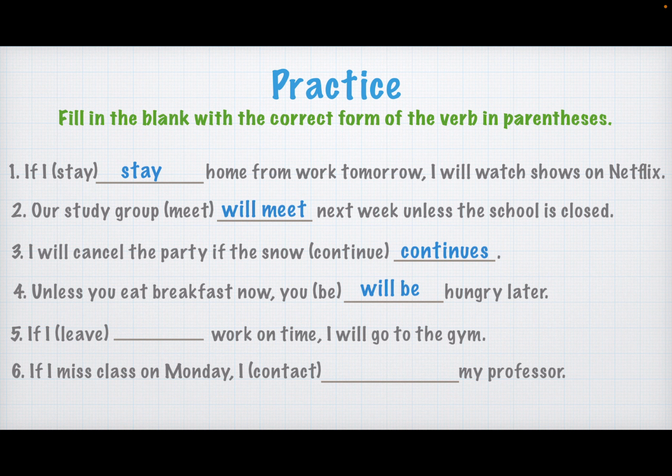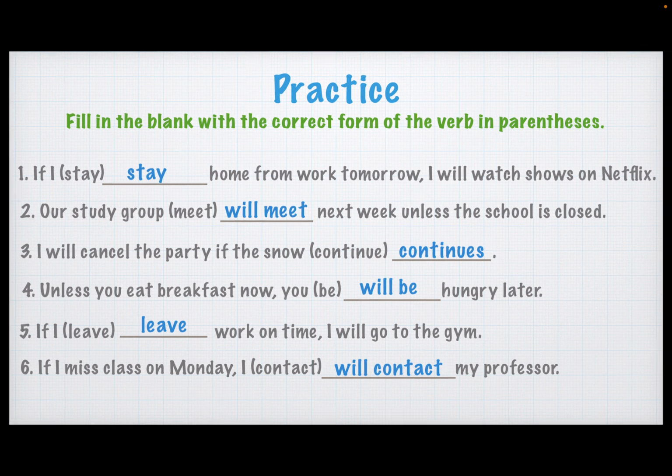But this is the result clause, so it needs to use some form of future. Number 5, if I leave work on time, I'll go to the gym. So I need the simple present tense here in my conditional clause. And number 6, if I miss class on Monday, I will contact my professor. So I need future tense here in the result clause for number 6.